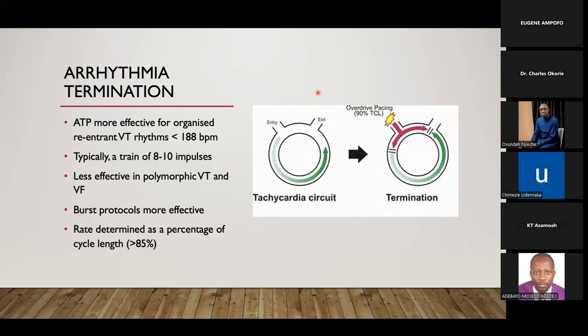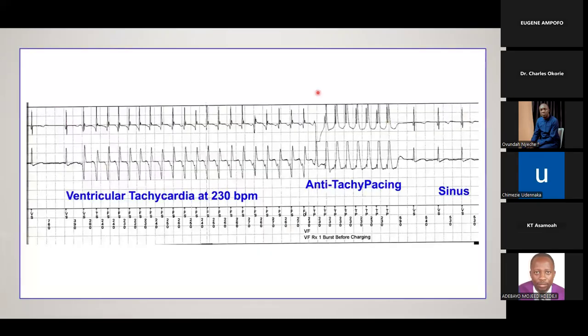So once you do the anti-tachycardia pacing, it tends to break the cycle and then the device takes over the pacing. So that now when the device finishes giving its consecutive complexes and stops, the heart is electrically silent and then the SA node can recover and take over the contractility.